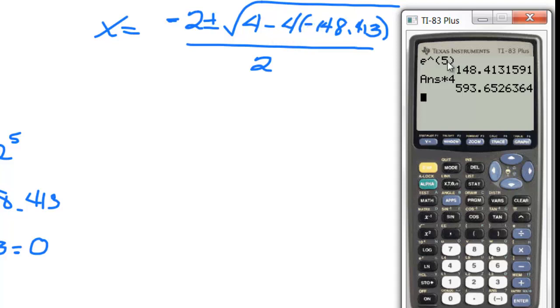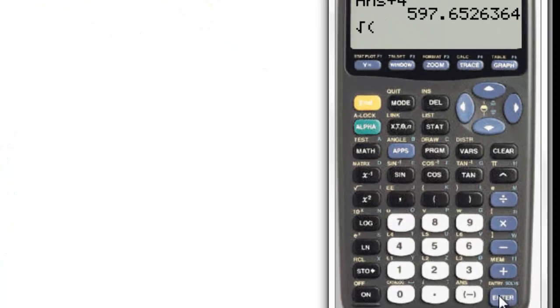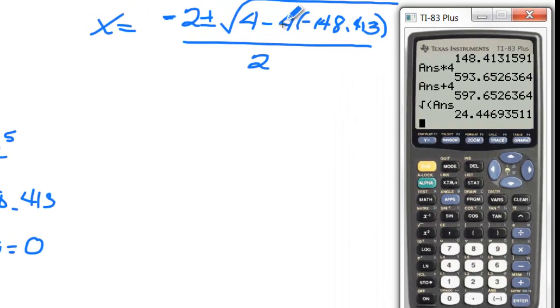Excuse me, 4 plus that answer. And we want to take the square root of this. So second of x squared gets me the square root. And if we do a second of the negative sign, we'll get our answer. So this number here underneath the radical is 24.447.